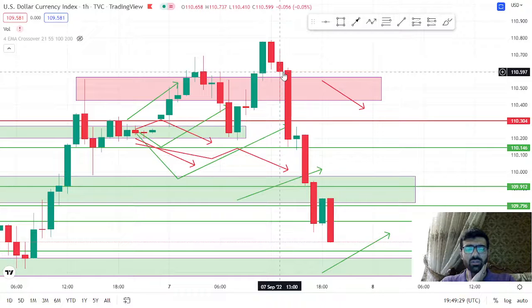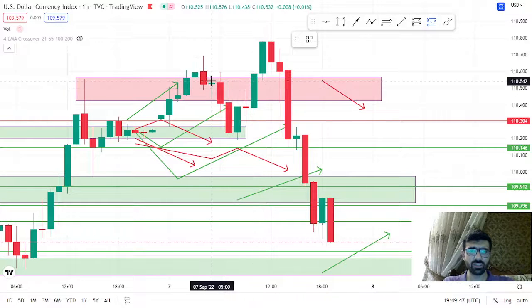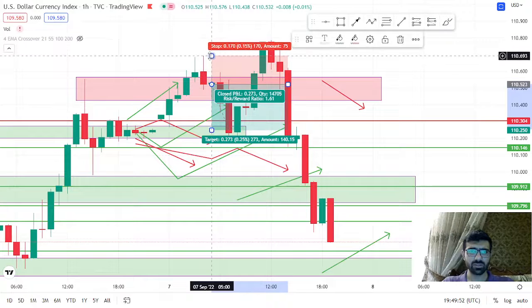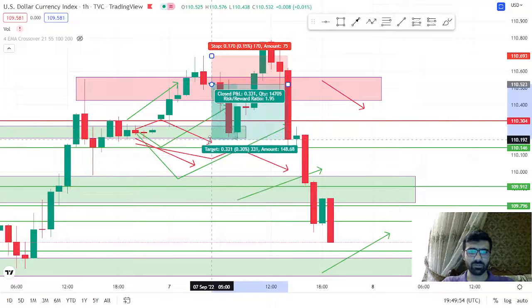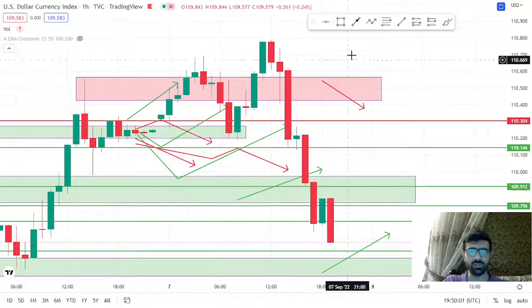Okay, now let us take the amount of trades that you guys could have taken easily, and how much profit could you guys have made. Okay, in terms of trading, the initial profit of selling would be from here, so your take profit would be approximately till here, which is 1.9% from this selling scenario.